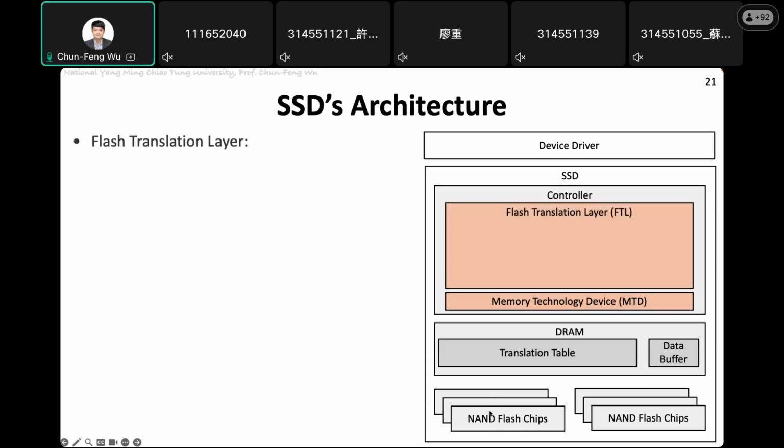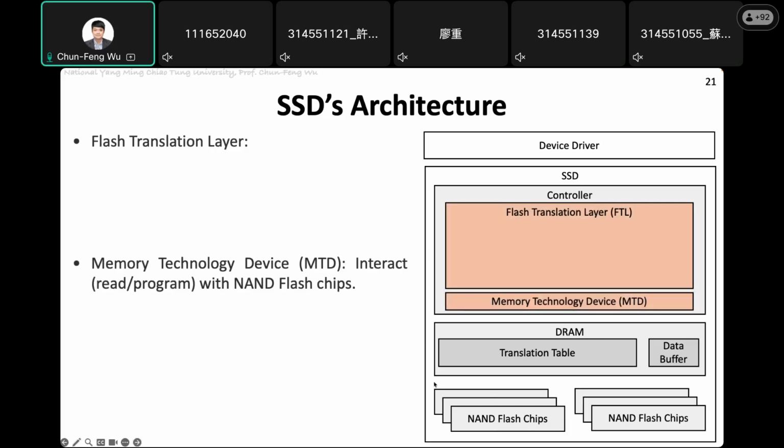Okay, flash translation layer, and then the memory technology device, MTD layer. You can think of the flash translation layer as a little bit like the operating system for the SSD, but it is not the same thing, because the operating system is a broader concept.